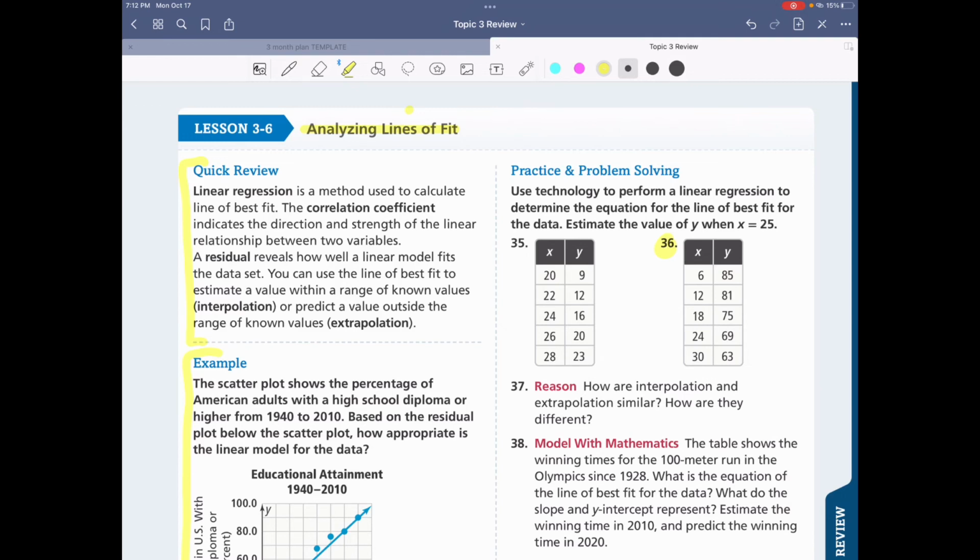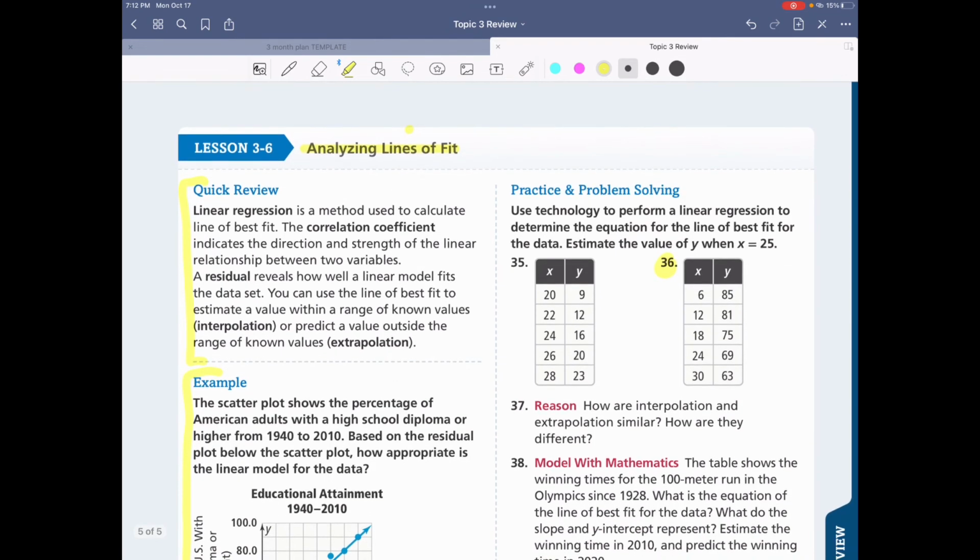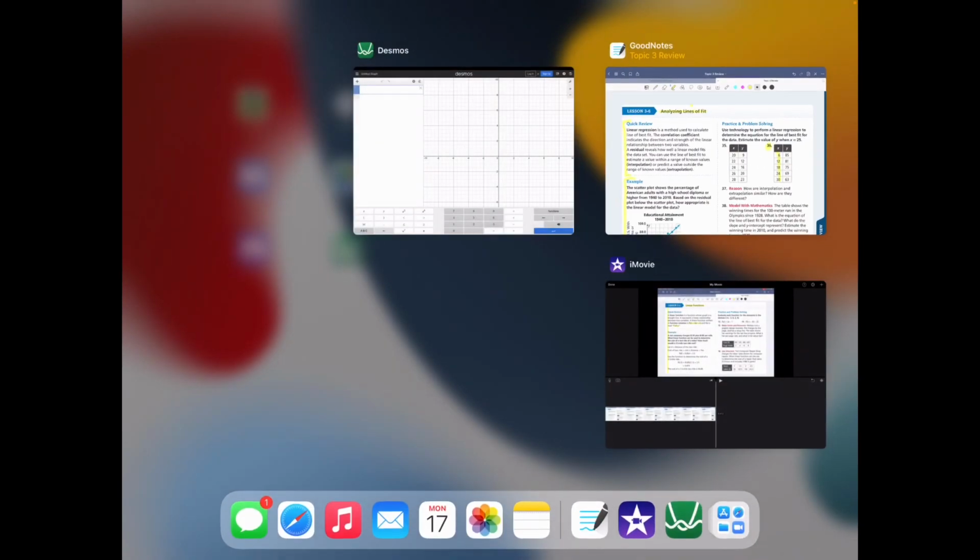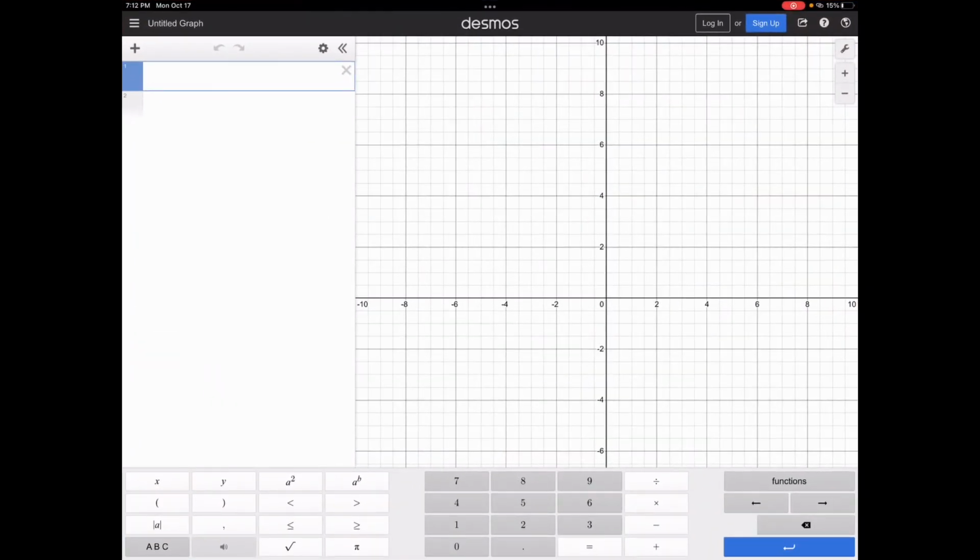Since most of you probably don't have the TI-84, I'm going to show you how to do this with Desmos, just because I don't have a TI-84 right now when I'm recording this video. So we're going to remember these numbers, and we're going to put them in Desmos. I'm going to take a picture of it with my phone so I remember. And then I'm going to go to my Desmos app and add a table.